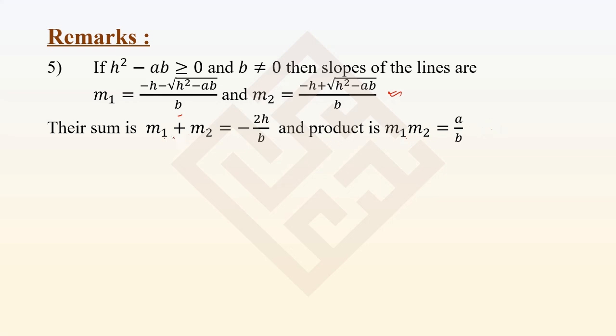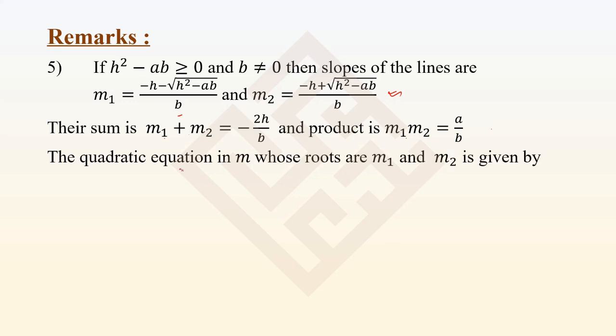So you get the addition of the terms as minus 2h upon b and the multiplication of the slopes is a upon b. Then the equation in m whose roots m1 and m2 are given is m square minus of m1 plus m2 into m plus m1 m2 is equal to 0.